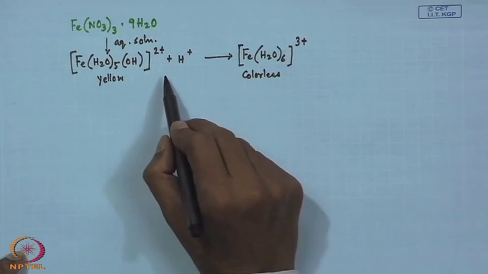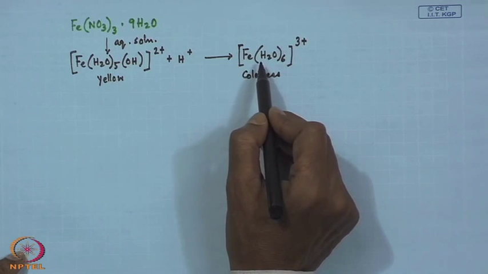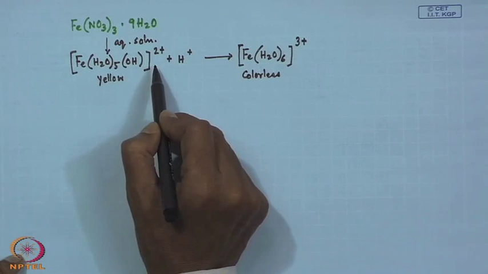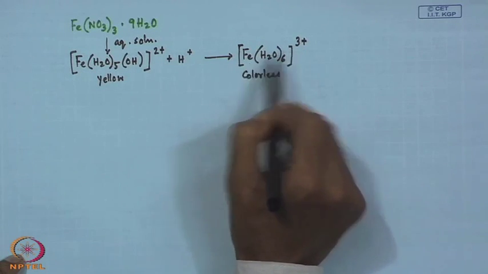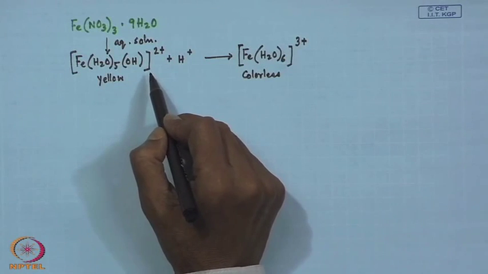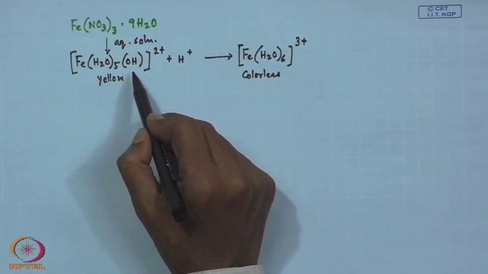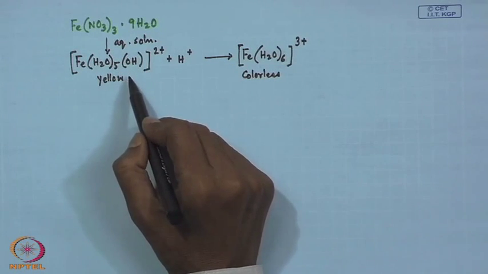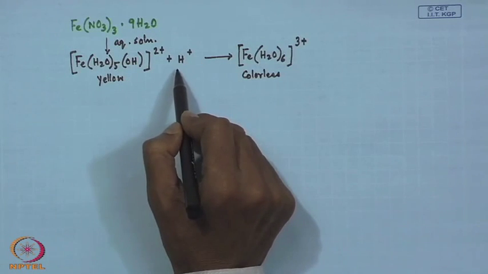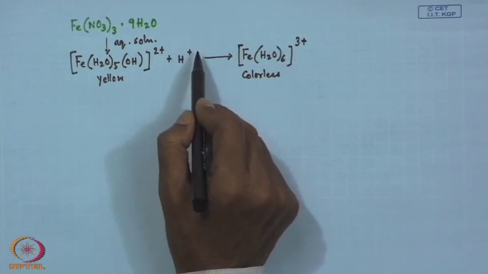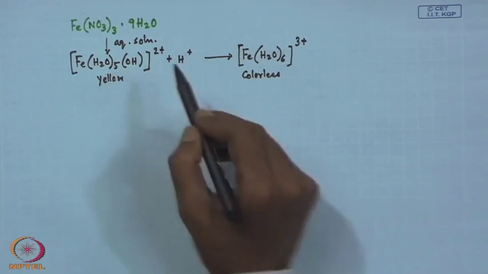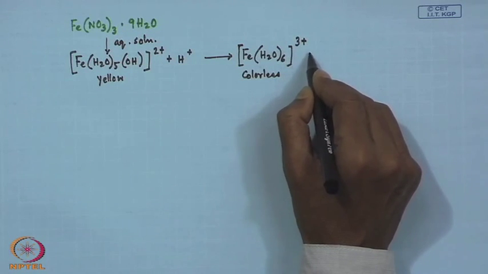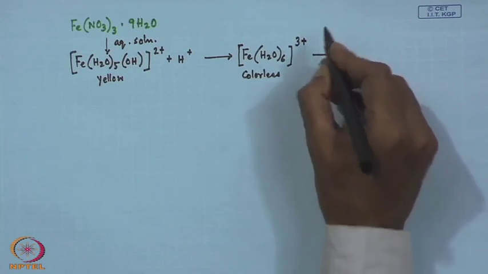On the complex also we find some acid base type of reaction, because the water molecule which is bound to the ferric center, iron in +3 oxidation state, polarizes the corresponding OH bond, and the pK value of this water molecule is getting lowered, and we get deprotonation, and proton is being lost from the medium, and we get the species in this form. So, it is some sort of acid base type of reaction.